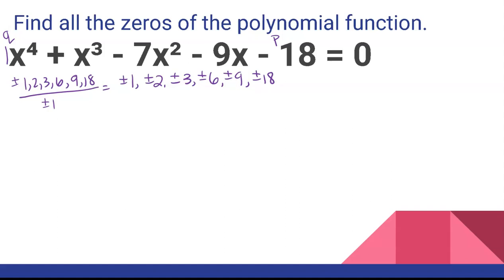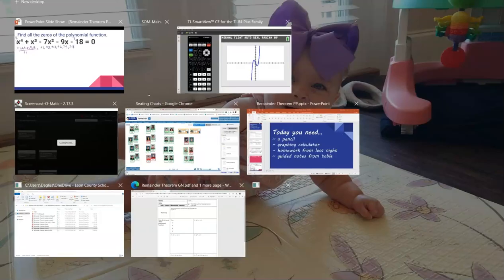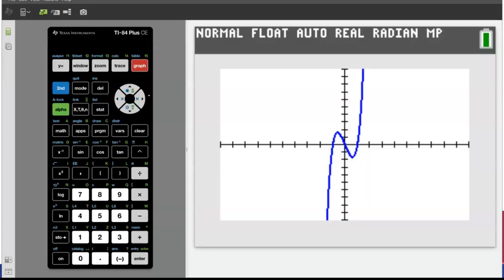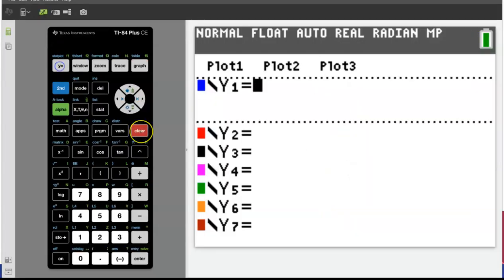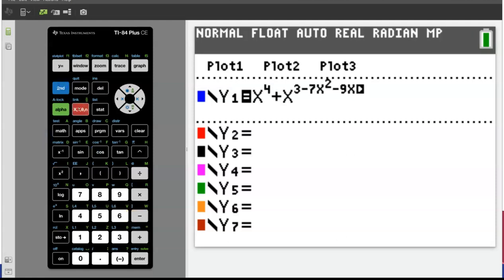Okay, so graph this. X raised to the power 4 minus x cubed minus 7x squared minus 9x minus 18. If it's not easy to read, then I would love to show you how to make it easy to read.